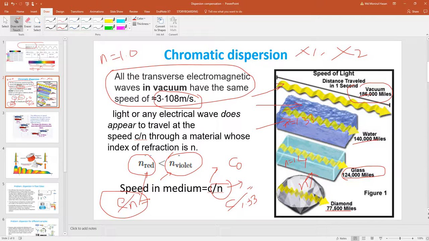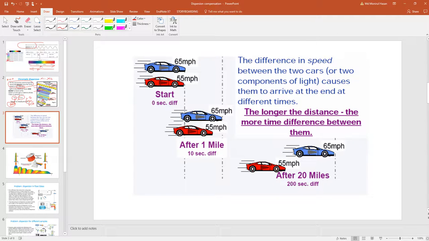So why are we talking about that? What is the speed difference causing when light is transmitting from one place to another? Here is just an analogy. Say one car is moving at 65 miles per hour, another at 55 miles per hour.